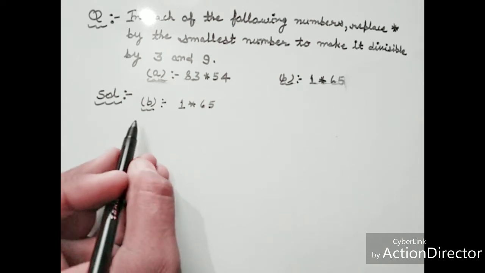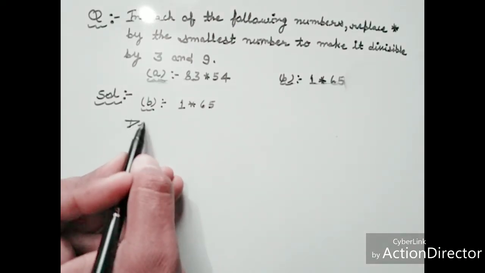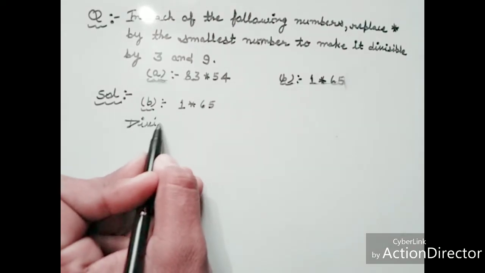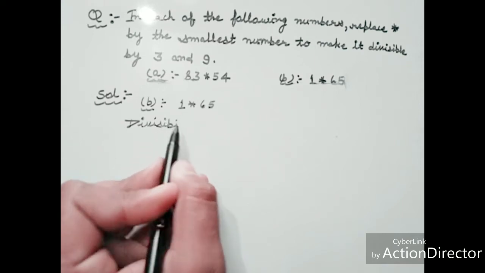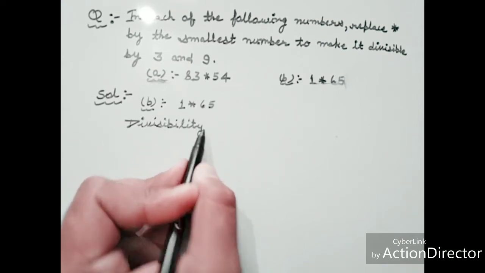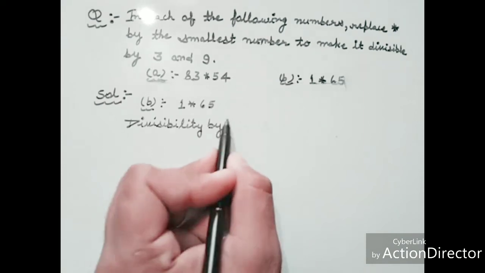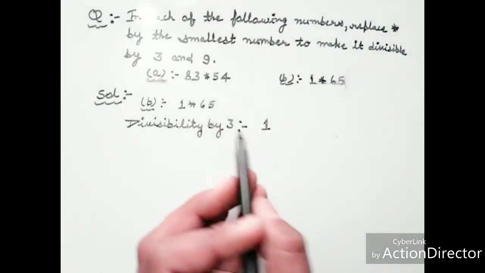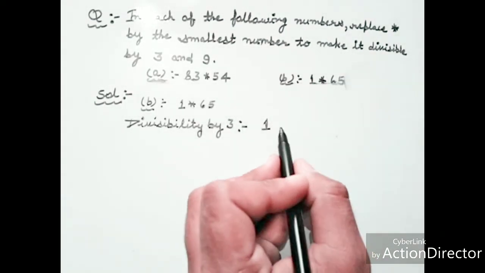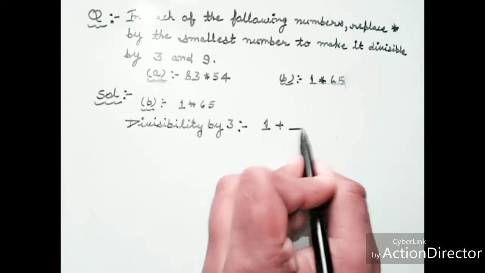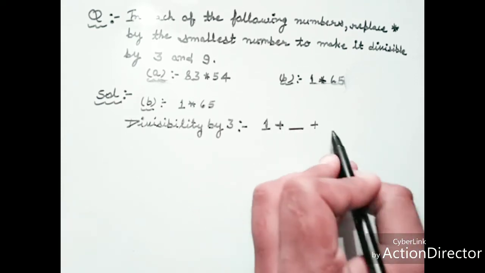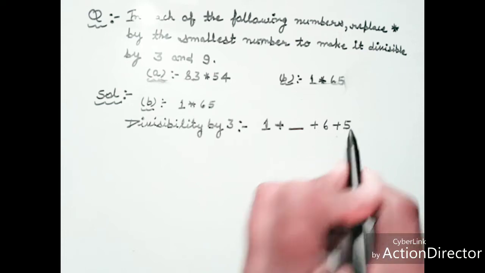So here first we check divisibility by 3. First we add these 3 digits of this number: 1, take a space here, 6 plus 5.